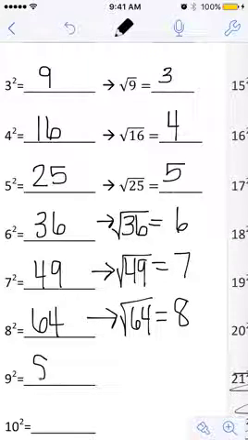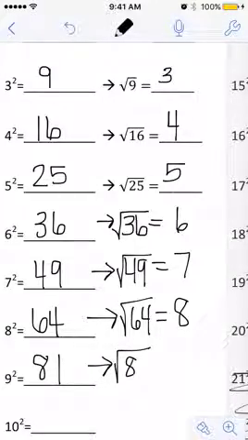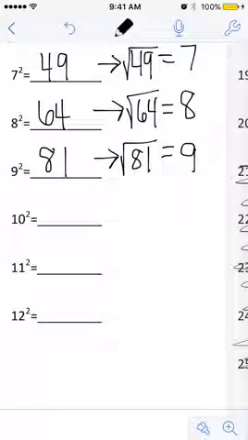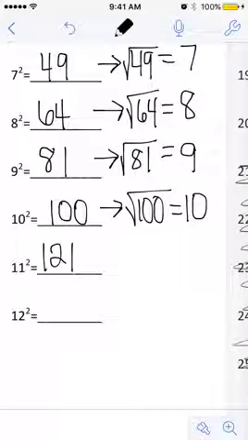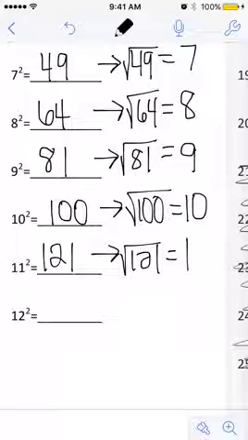9 squared is 81. The square root of 81 is equal to 9. Moving down the page, 10 squared is 100, and the square root of 100 is equal to 10. 11 squared is 121, and the square root of 121 is 11.